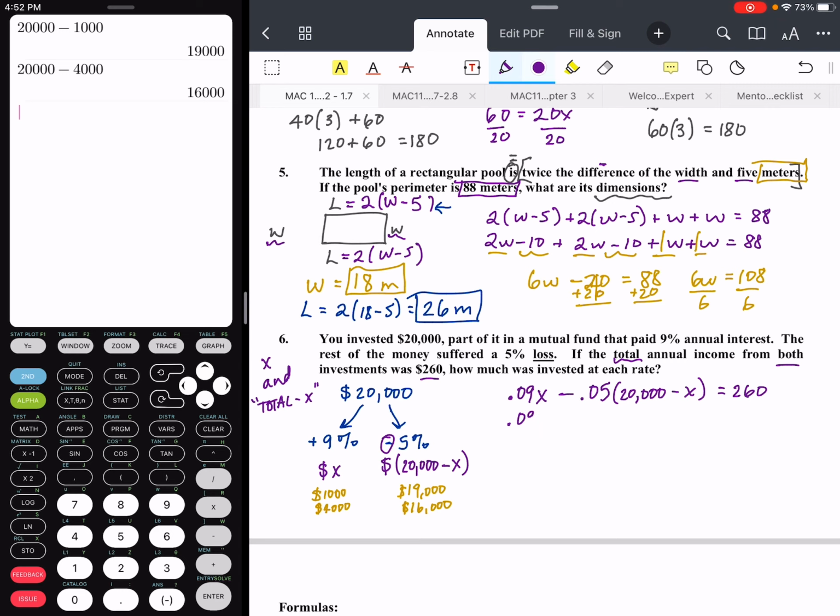All right, from here, 0.09x minus, and then I'm going to distribute 0.05 times 20,000. Make sure you're typing this carefully so you don't mess up your decimals. So minus 1,000, and then negative times negative gives me positive plus 0.05x equals 260. Now I can add 1,000 to both sides.